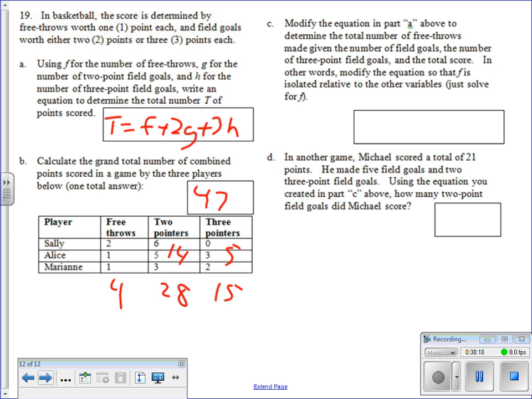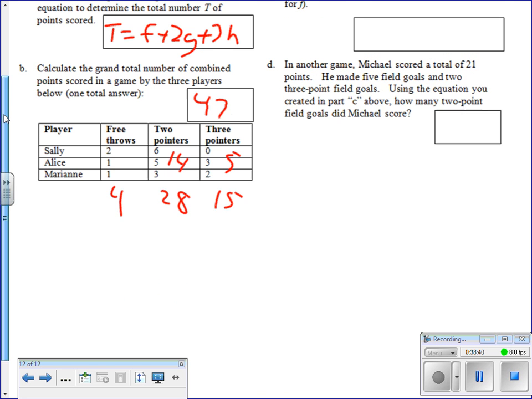C, modify the equation in part A above to determine the total number of free throws made given the number of field goals, 3-pointers, and whatever. Blah, blah, blah. In other words, solve so F equals the other stuff. Solve it for F. Take what you got here, solve for F. T equals F plus 2G plus 3H.